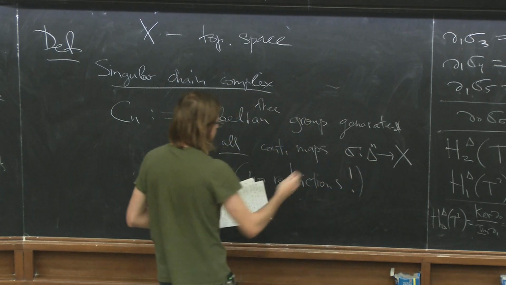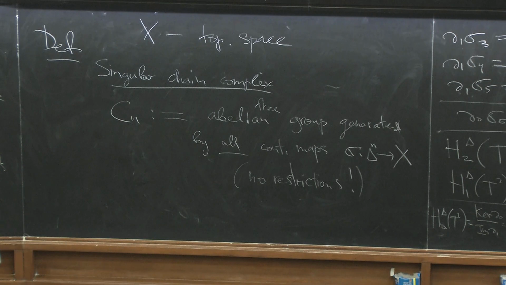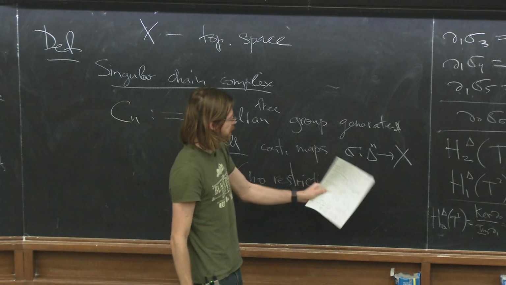As generators, we take any map, all possible maps from delta n into X.